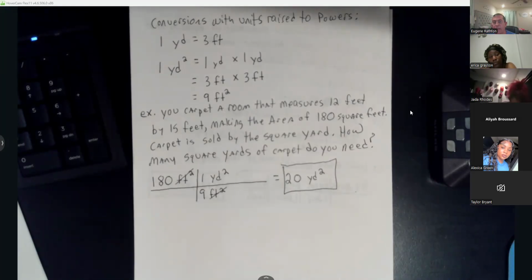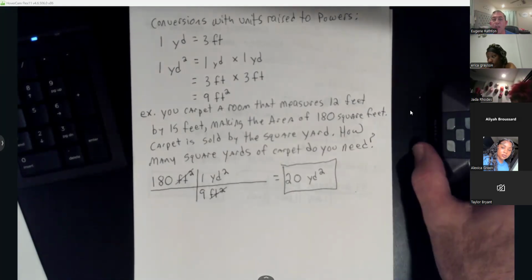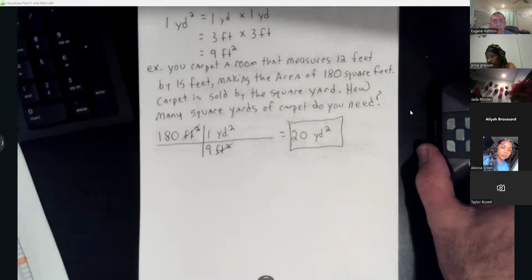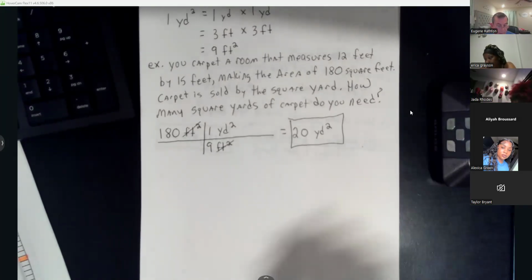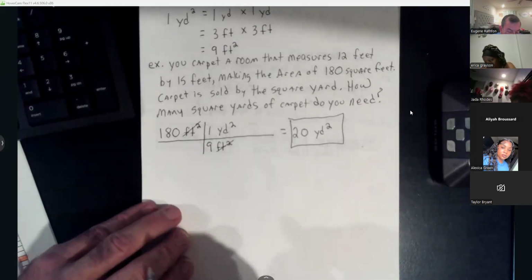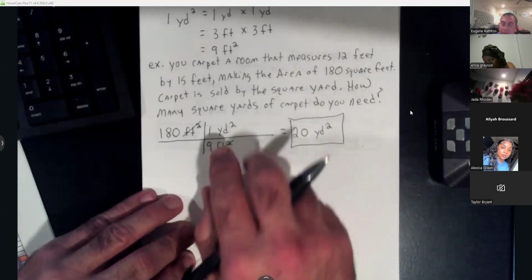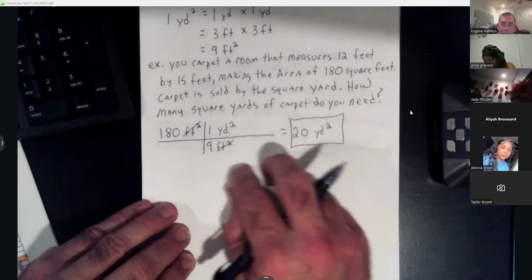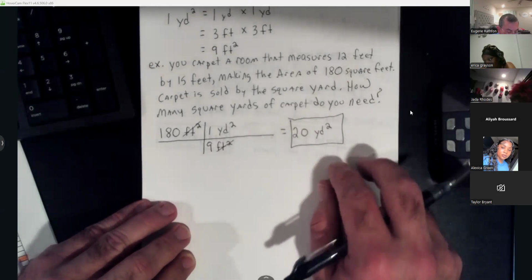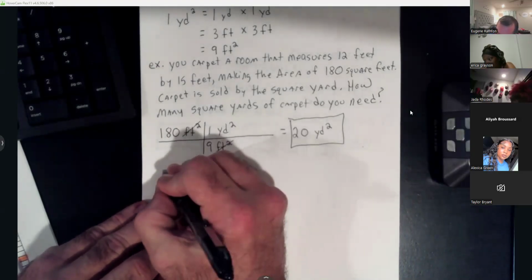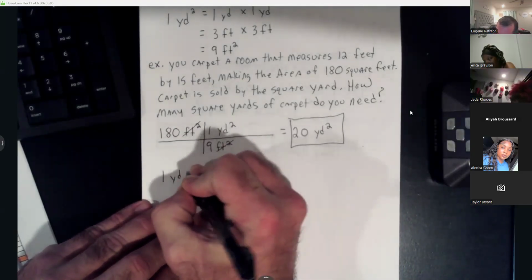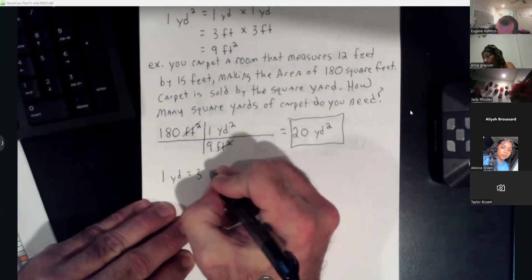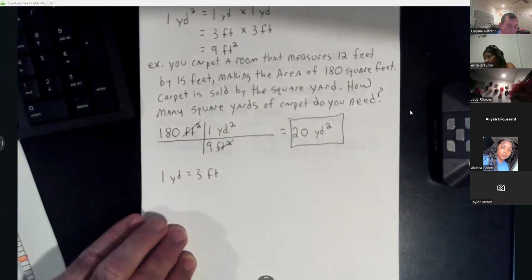All right, so we're going to do the same thing with a cube. All right, so if we're going to deal with cubes, we need to figure out their conversion. So we know that 1 yard equals 3 feet.